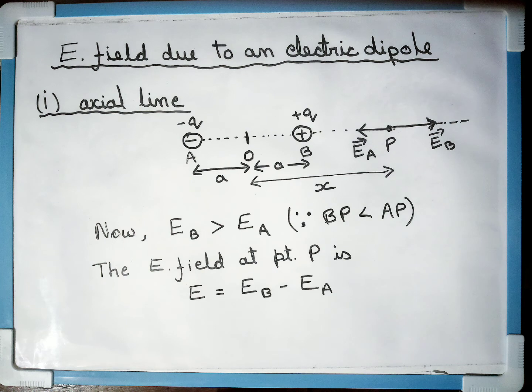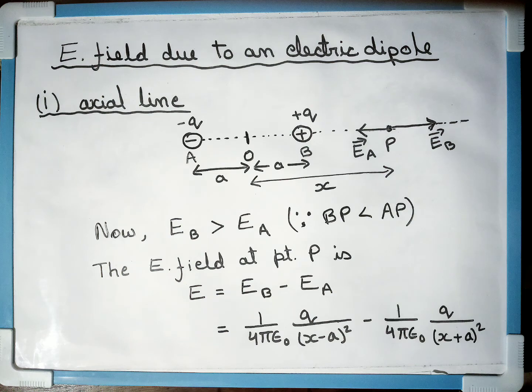And since EB is greater than EA in magnitude, the electric field intensity at point P will be given as EB minus EA. And we know that EB is equal to 1 by 4 pi epsilon naught Q by (x minus A) whole square, and EA is equal to 1 by 4 pi epsilon naught Q divided by (x plus A) whole square.